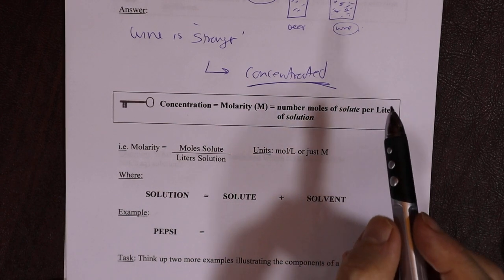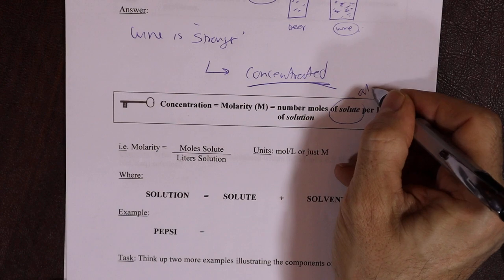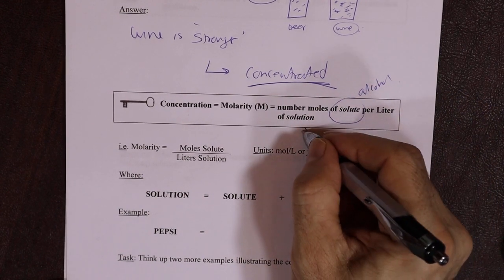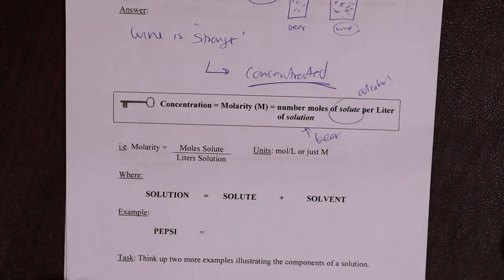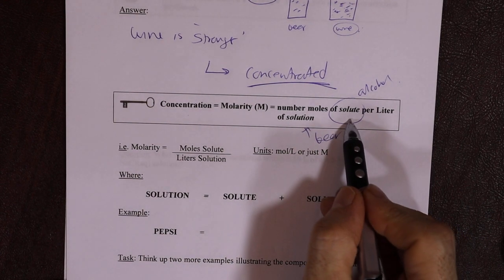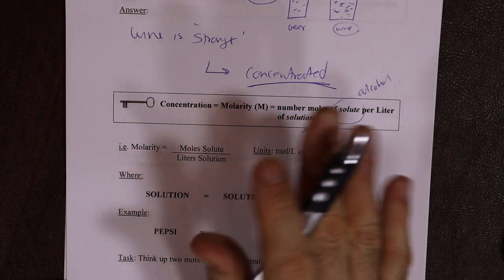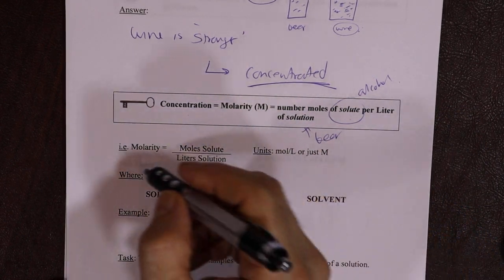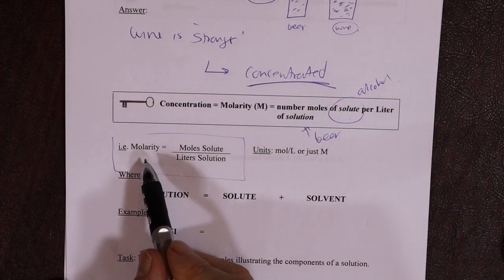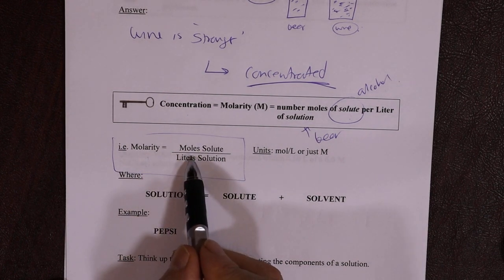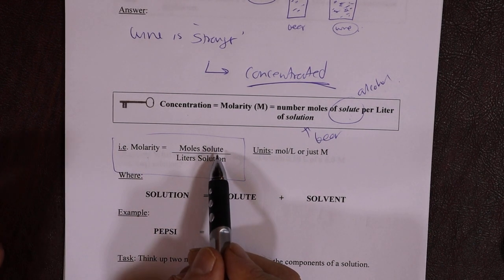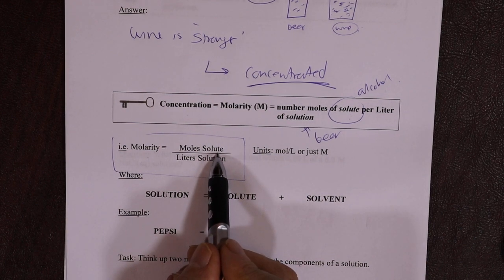And it's the moles of solute, that's in our case the alcohol, right? Per liters of solution, that's per beer or wine, okay? So it's how many moles of stuff in a liter of final mixture, a final solution. Okay, so there we have it, okay? That's what concentration is, molarity. It's moles of stuff, the minor component, there's less alcohol than water, right?